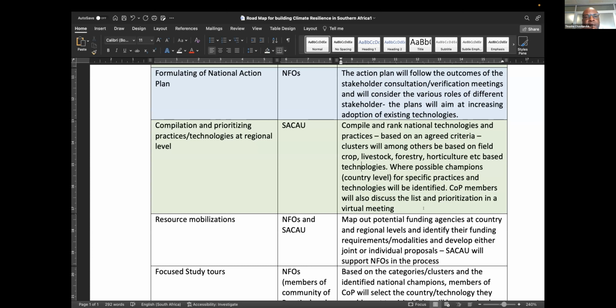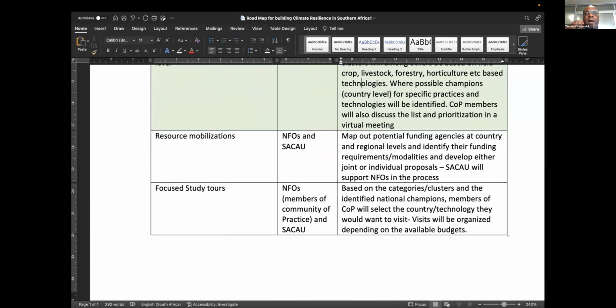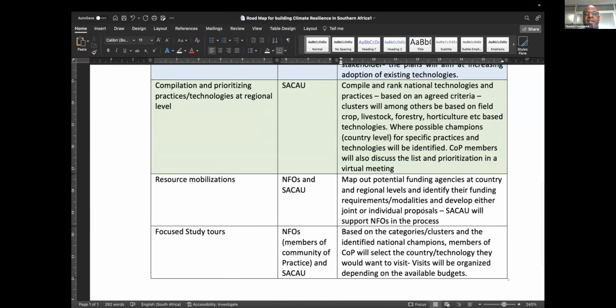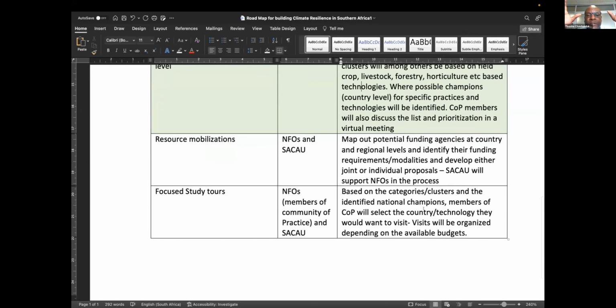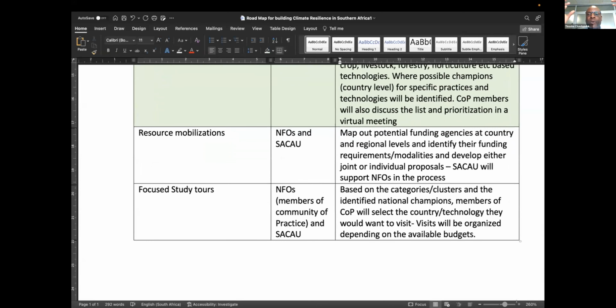Then the next proposed action will be, because all this we are discussing will require resources, be it human resources, but mainly financial resources. For them to be realized, we will need resources to make sure that we carry out the activities as planned.